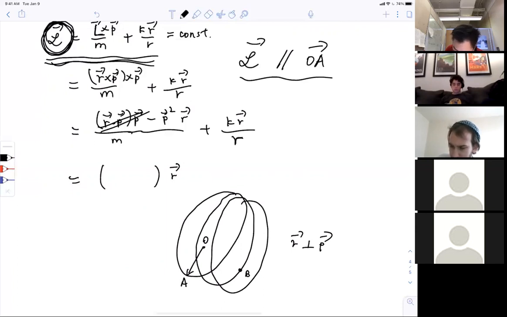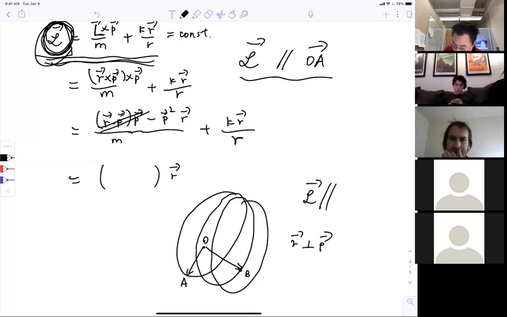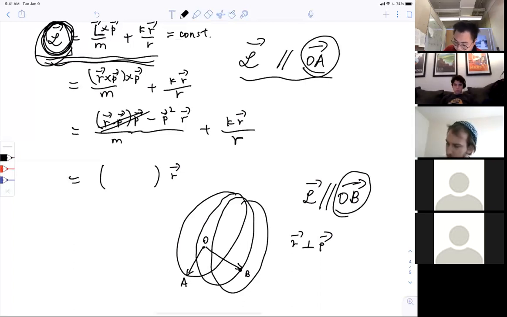Then we can repeat this argument: curly L is also parallel to OB. But we know OA is not parallel to OB, so by contradiction, this is impossible. The orbit must be closed to make this argument self-consistent.